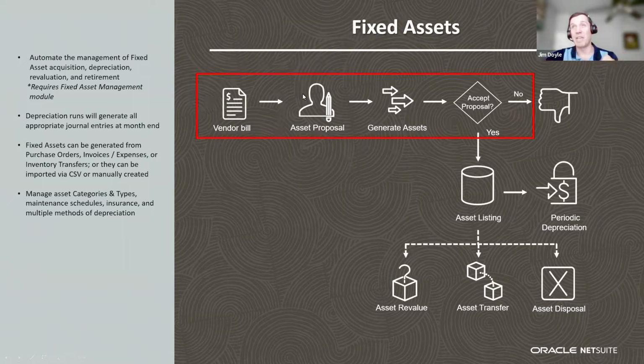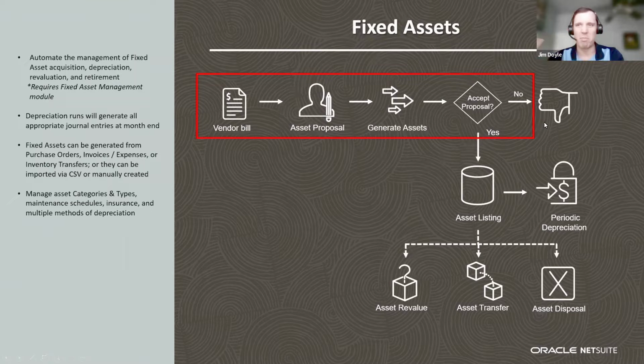So if I receive in an item that is tied to a fixed asset account, the system is going to propose the creation of an asset record for that item. And it's going to auto-populate certain attributes on that record based on the type of asset it is. So I don't have to go in and manually enter in different attributes, different values every time I create an asset. It'll be a little bit more efficient that way.